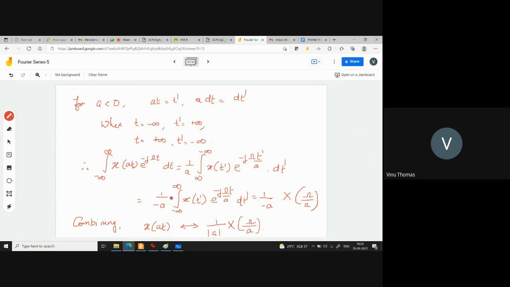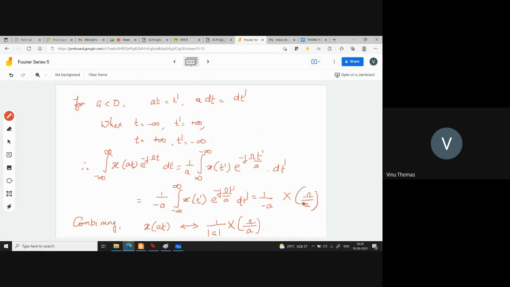So this becomes 1 by -a integral -∞ to +∞, x of t dash e raised to -j omega t dash by a dt dash, which is equal to 1 by -a into X of omega by a.